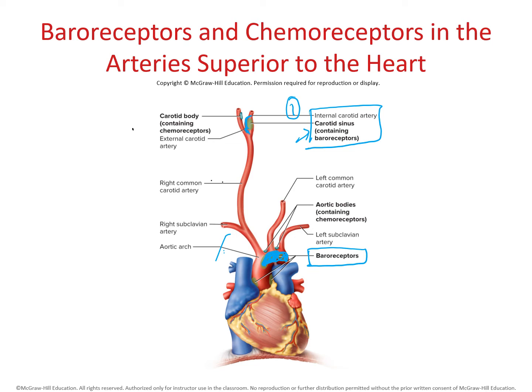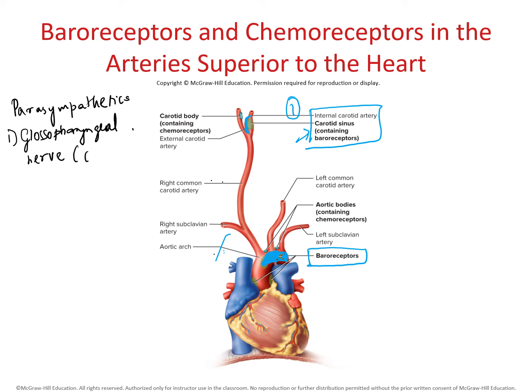so they increase the heart rate, right? So let's look at the parasympathetic components first. There are two major nerves that you need to know. The first one is the glossopharyngeal nerve.